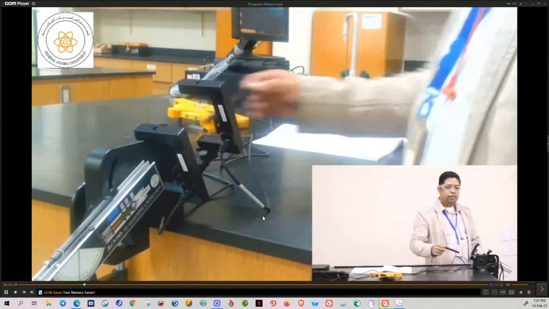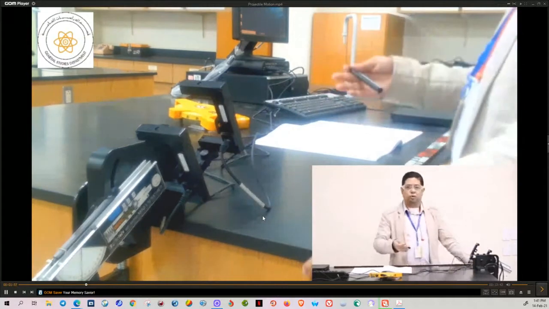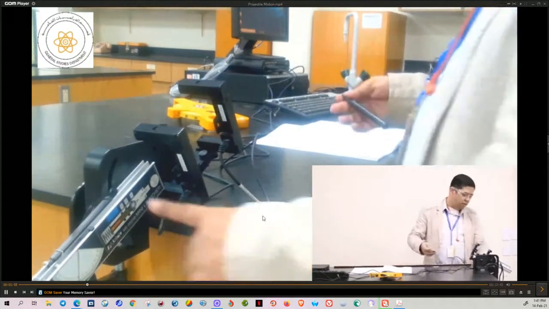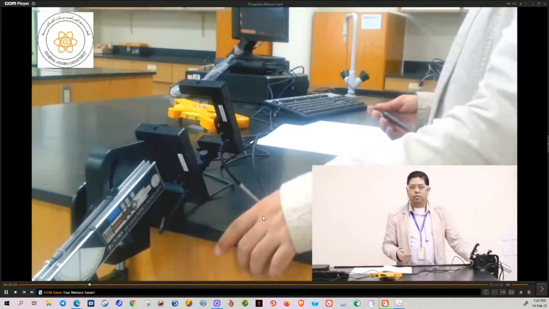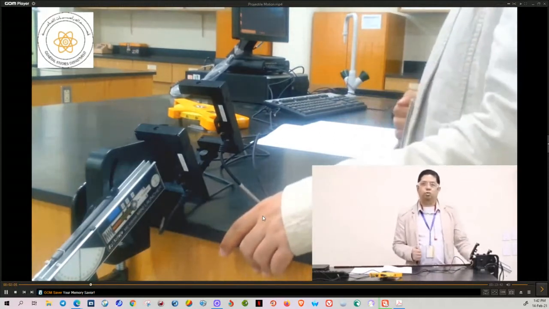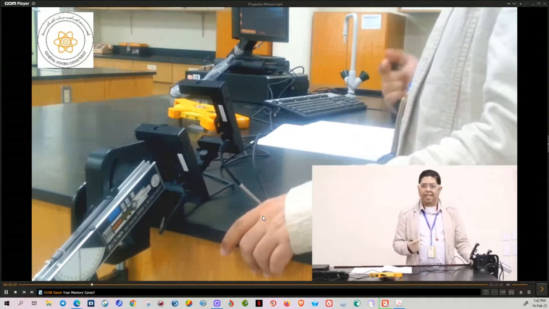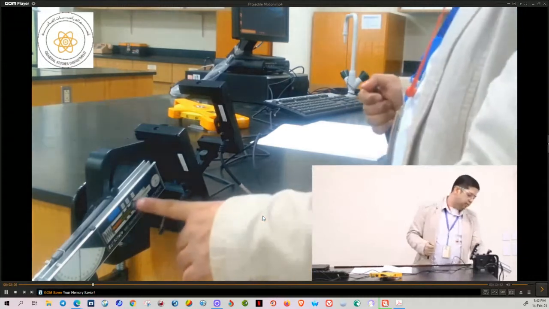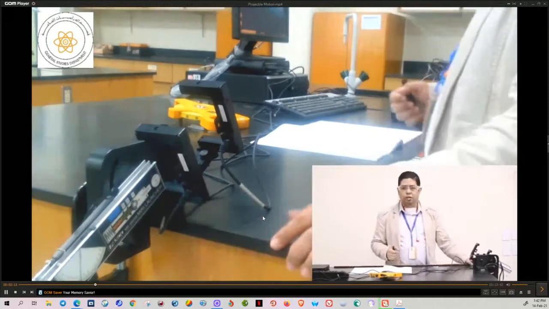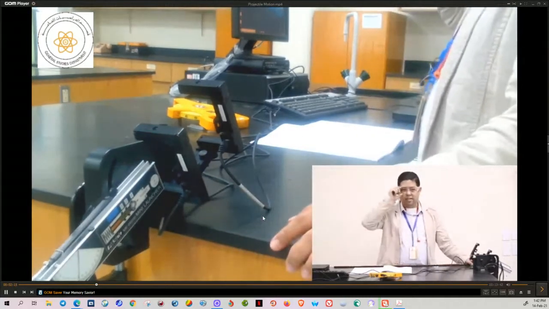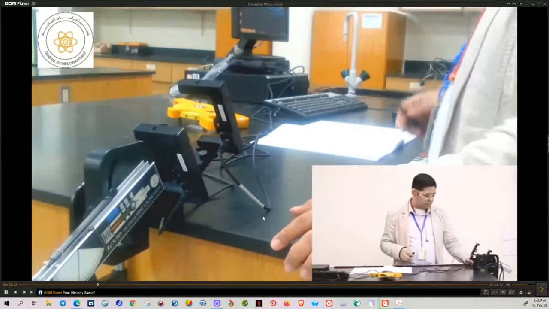Now, the strength by which we can launch the projectile has 3 levels, 1, 2, and 3. As a precautionary measure, we are only going to compress the spring with one click, or basically the lowest setting.